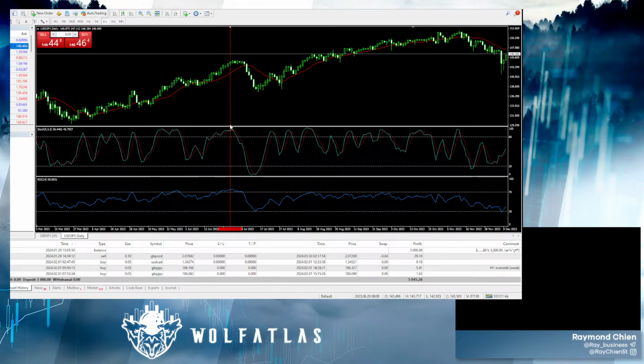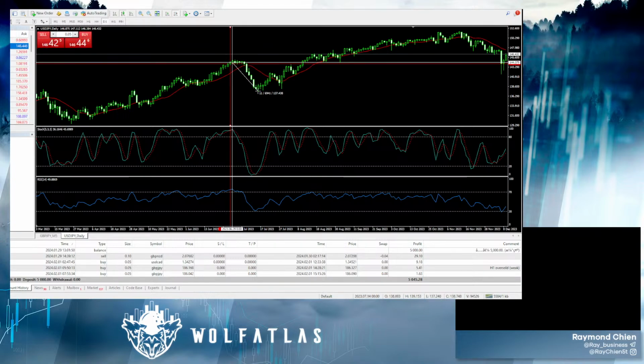Your stochastics is on the overbought zone. Your RSI is on the overbought zone. So this is a high indication that you could probably enter into a sell. So let's say if you entered into a sell over here, there's a possibility that you could have cashed in 690-ish pips in terms of profits.